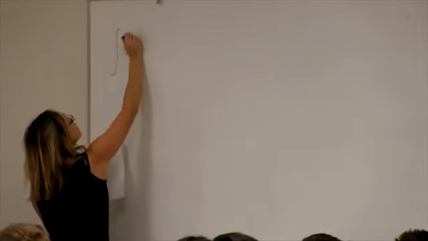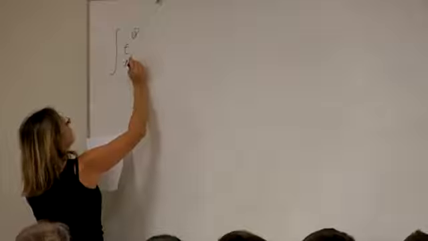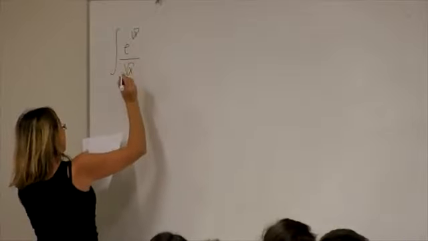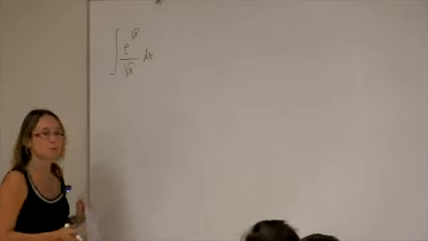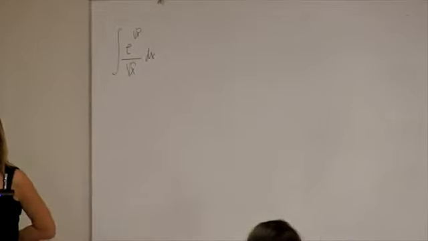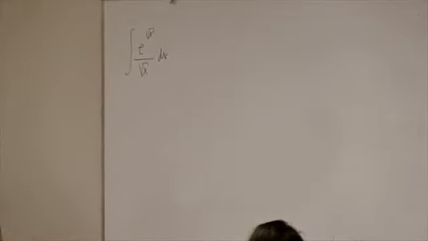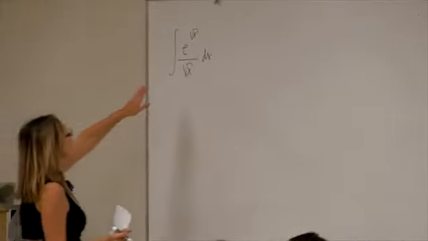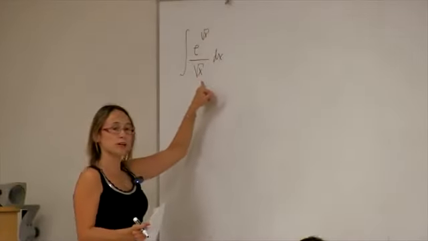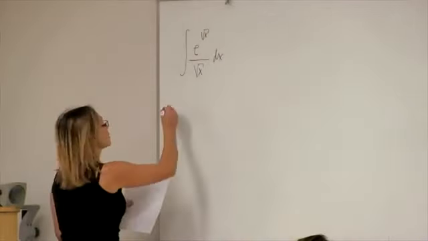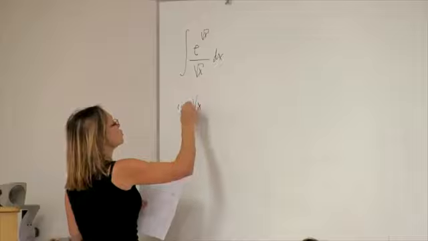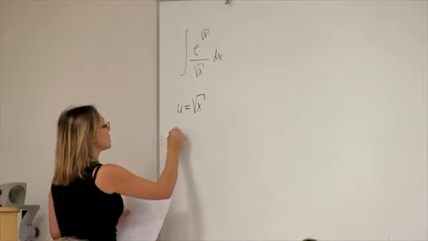Let's consider the following integral: e to the square root of x over square root of x dx. So what happens here? This one is actually quite easy. You can see that we have e to the something, and over here we have a derivative of that. So the obvious substitution is u equals square root of x.